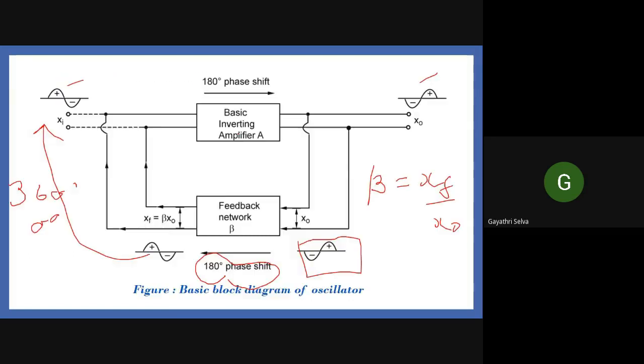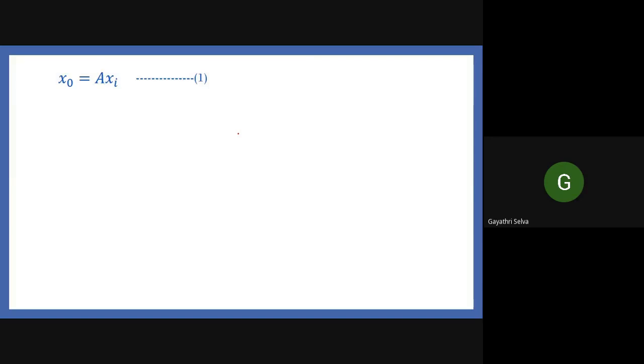And that's why we are making a simple calculation. X naught is equal to A Xi. This we know. The feedback signal and the existing input: this is for an inverting amplifier, and hence I haven't put any negative sign at all; we have just taken the amplification as A. The feedback network has a phase shift of 180 degrees.